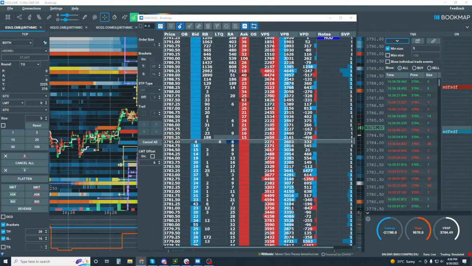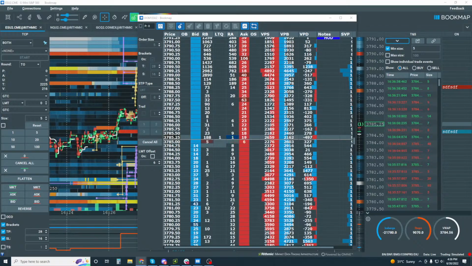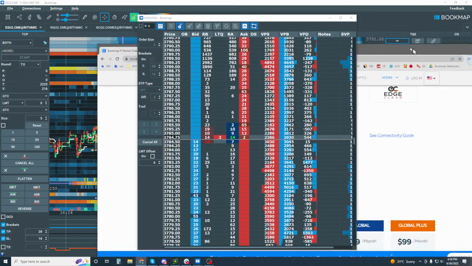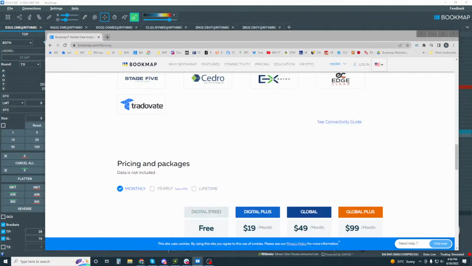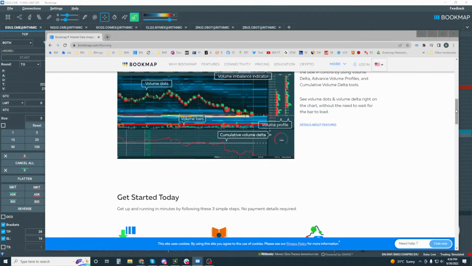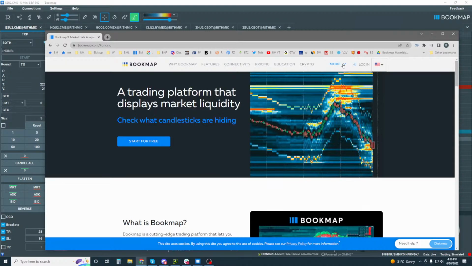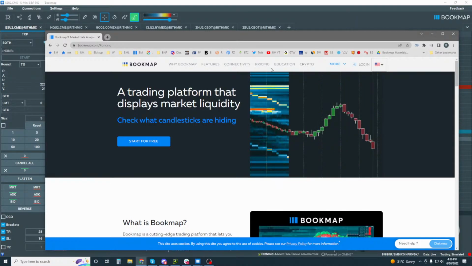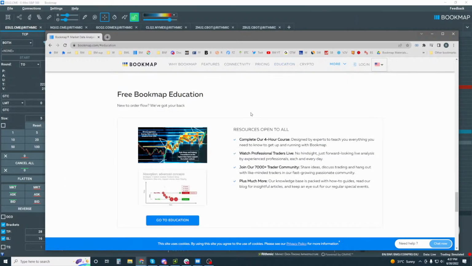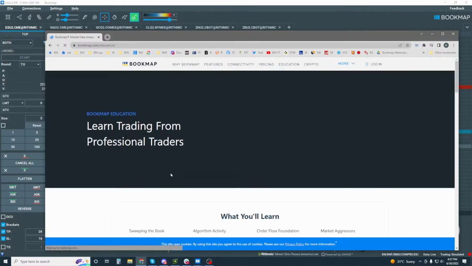Yeah, I would recommend going to this page here if you're new to Bookmap. Go to bookmap.com and you can click on education here. It scrolls you down the page and then click on go to education here.